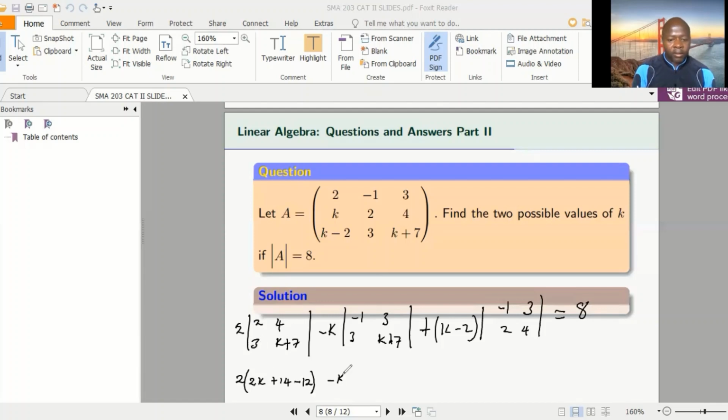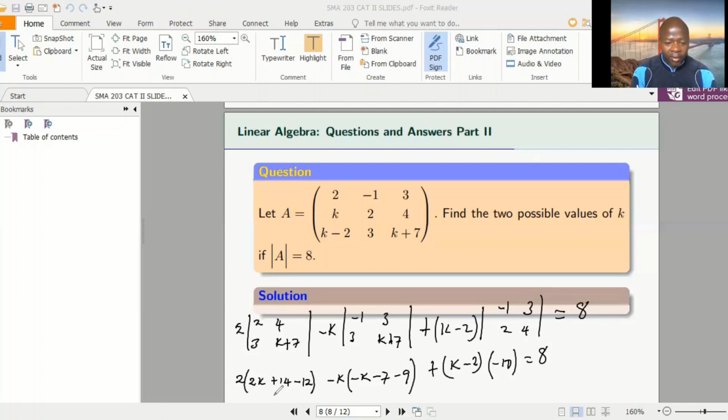What about this? This is negative k times negative k minus 7 minus 9. And this one is k minus 2, and the determinant here is negative 4, negative 6, which is negative 10. And this gives us 8.